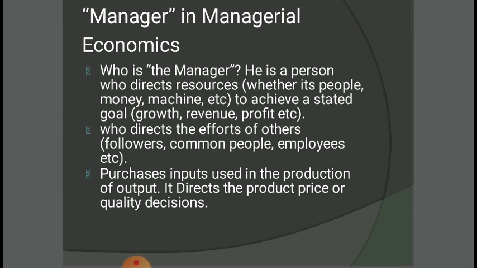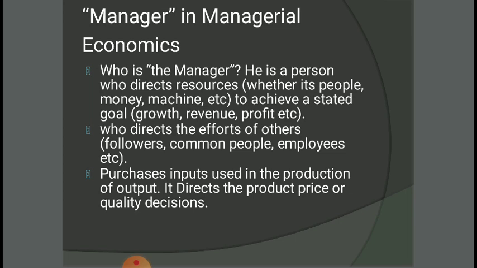So it is not the manager who will convert input into output, but it is the labor who will convert input into output. Then what is the task of the manager? The task of the manager is to make labor do its work efficiently and effectively.